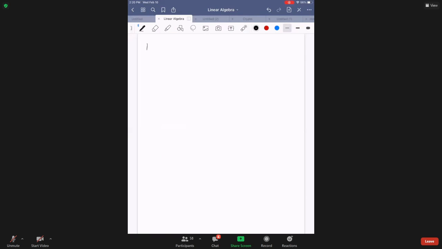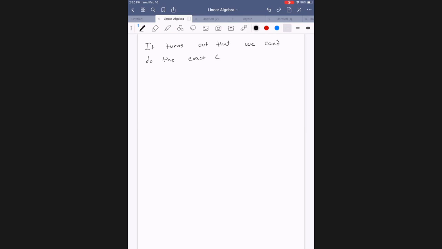It turns out that we can do the exact same thing on columns of a matrix.